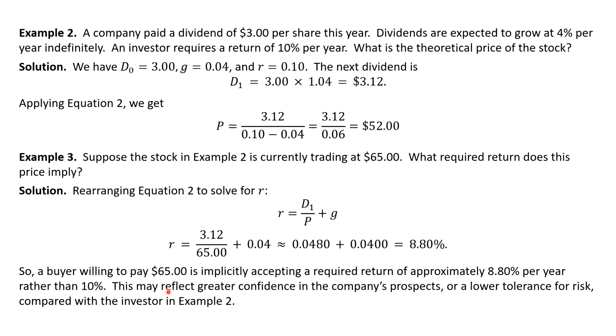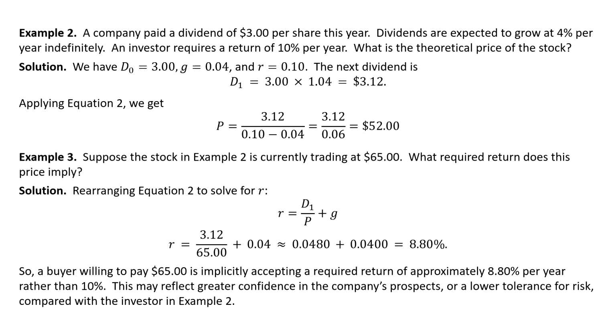This may reflect greater confidence in the company's prospects, in other words, the stock itself, not the dividends, or a lower tolerance for risk compared with the investor in example 2, or maybe the calculation here was just wrong, and based on more input and information, the investor decided the required rate of return was more like 8.8%, in which case this would be the break-even point.